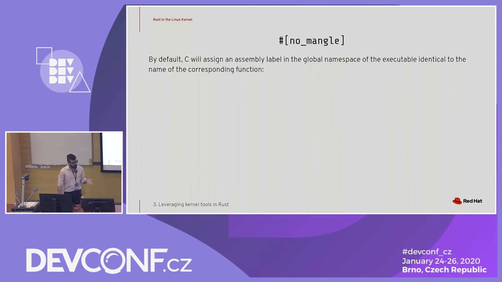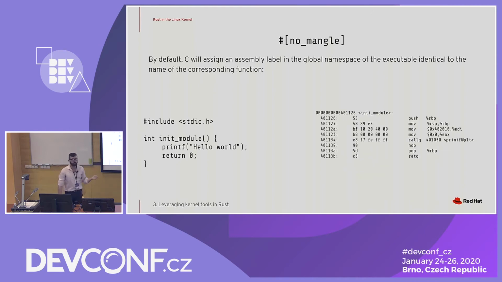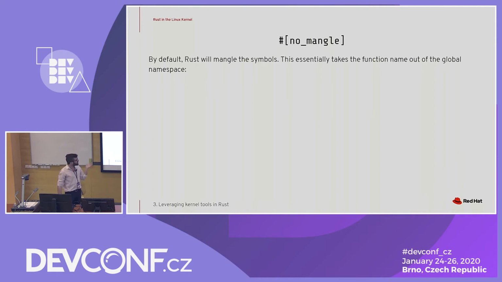So no mangle is really important, because by default, C is going to assign a label that essentially just maps from this entry point in the kernel to this label right here. So it's really a one-to-one correlation. Rust is actually going to mangle the symbols.